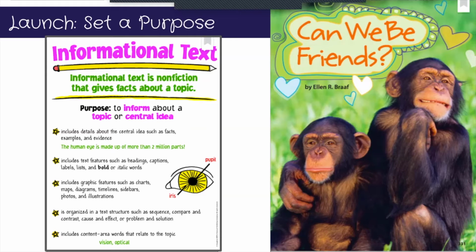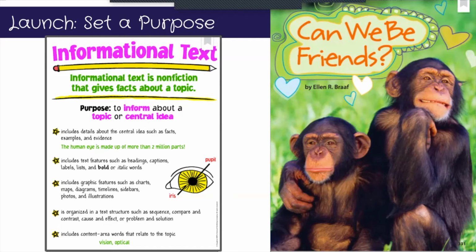This can happen by including details about the central idea, such as facts, examples, and evidence. We also include text features, such as headings, captions, labels, lists, and bold or italic words. Remember, text features are made up of what?